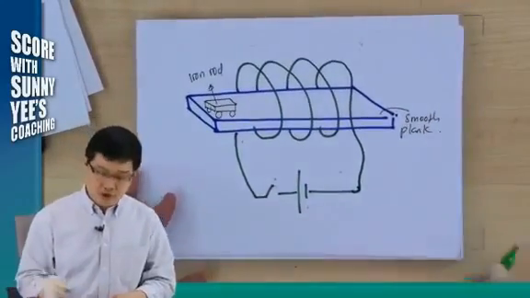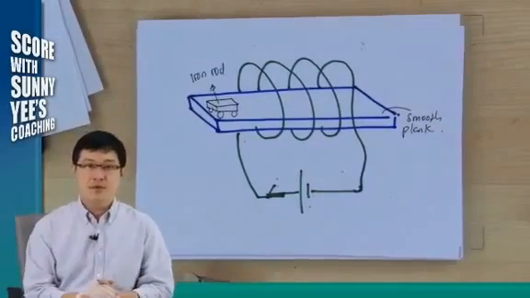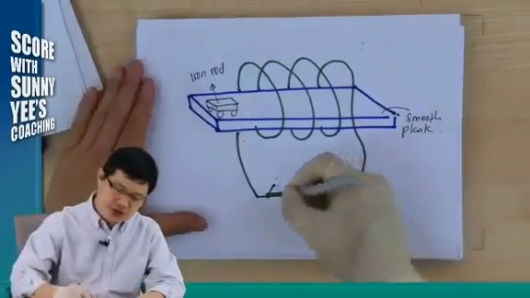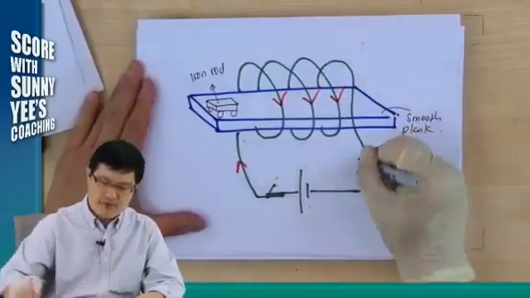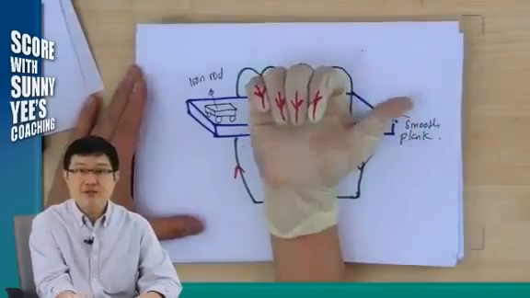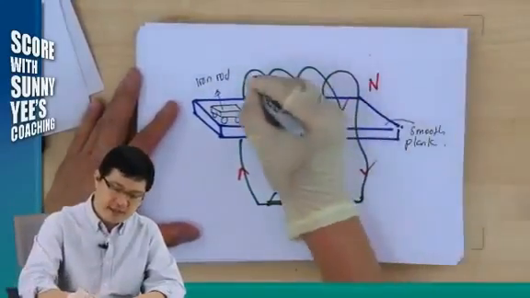And I'm going to close this switch. Observe what happens. When I close this switch, the current is going to flow this way. So use your right hand grip. This is north, this is south.